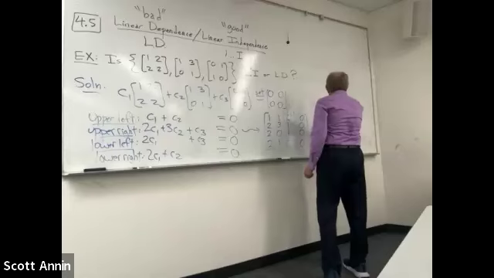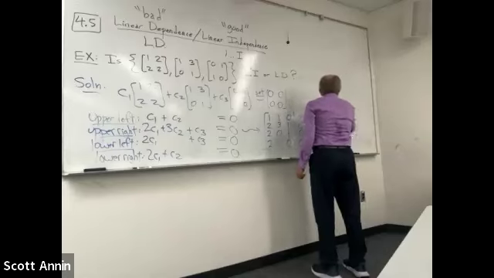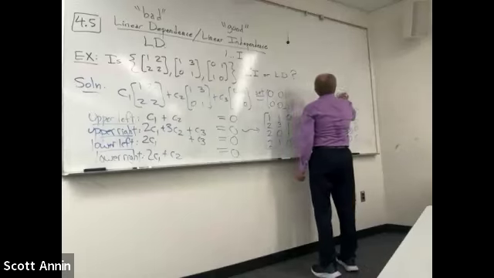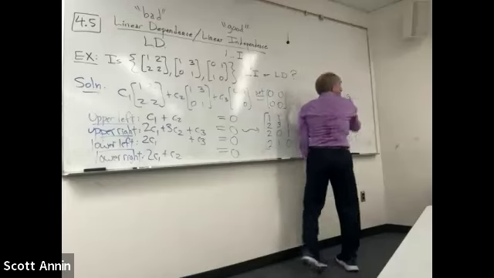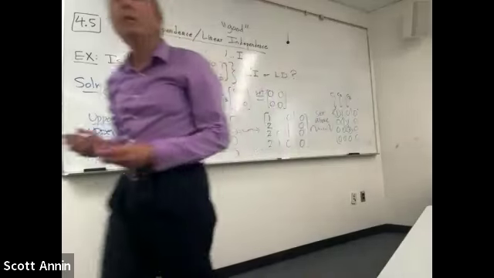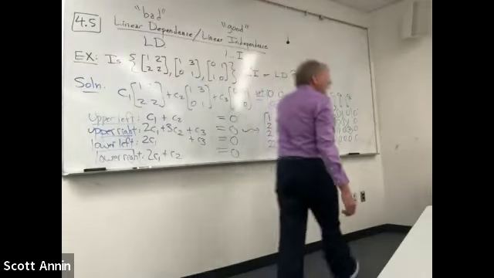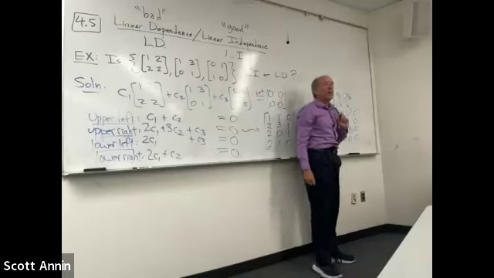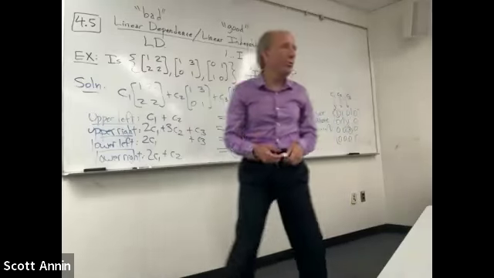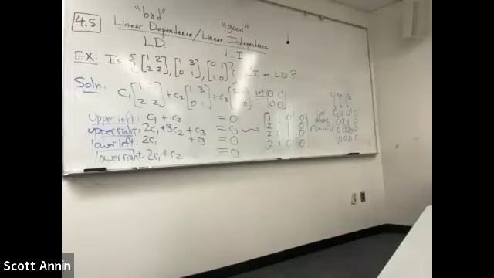I'll circle my pivots again because it's always a good idea. Remember that your unknowns at this moment are the C1, the C2, and the C3. The question is, do the constants have to be 0, or is it possible to have non-zero solutions?